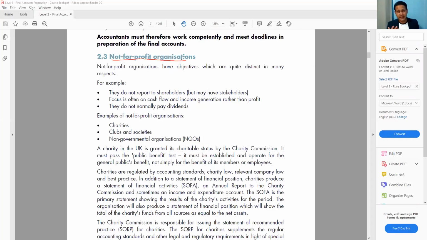For example, the NHS, TfL, London Underground, Overground, and government services like Royal Mail. These types of organizations mainly register as charities or non-governmental organizations, NGOs. Others, like Save the Children and UNICEF, also register as charities.